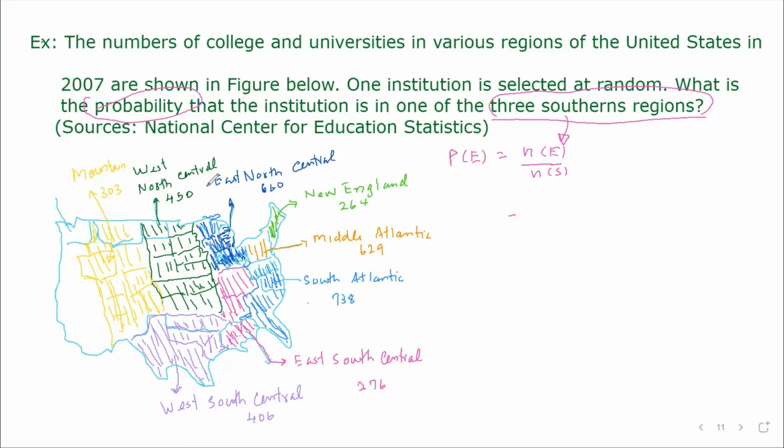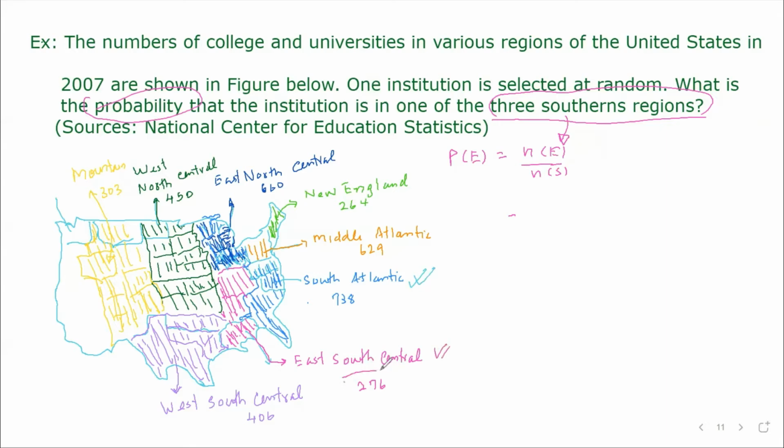So you're looking for this one at the south part. Not west, not east, and not this one, Middle Atlantic. South is here. So is this one, the blue one here. This one, correct? The blue one here. And the pink here, because it's the southern part.